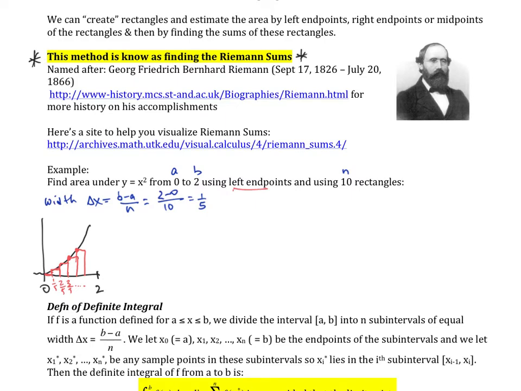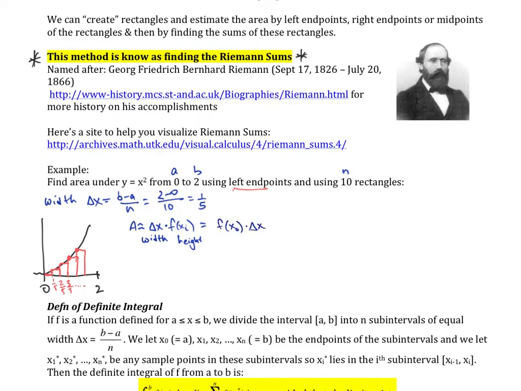So now, let's continue on with what we got. The area is the approximation of these rectangles: delta x times my f of x sub i. Delta x is the width. My f of x sub i is each iteration of the height, right? They all have the same width. So I can say f of x sub 0 times my delta x.